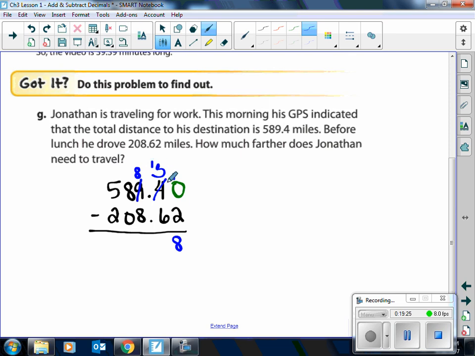So 13 minus 6 is 7, and then there's my decimal. And then 8 minus 8 is 0. 8 minus 0 is 8. And 5 minus 2 is 3. So that means he has to drive 380.78 more miles. Don't forget, you must write your label, especially for the word problems. Good?